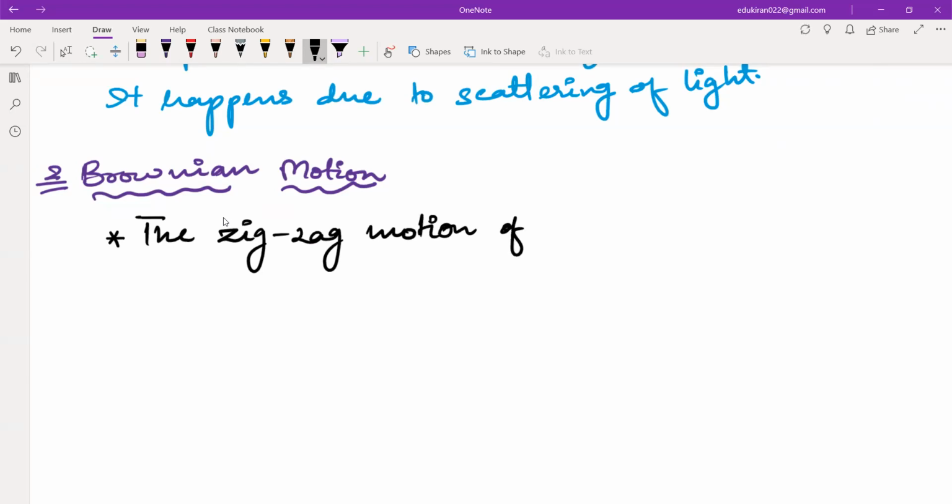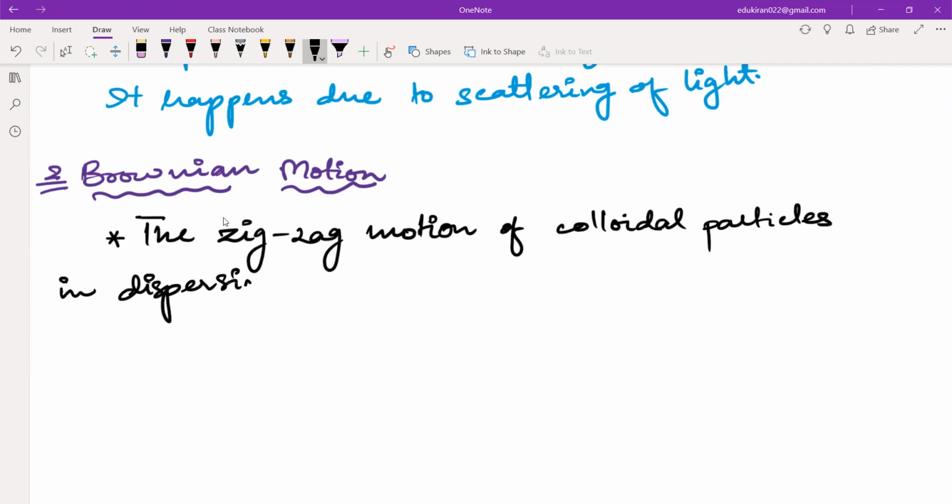The zigzag motion of colloidal particles in dispersion medium is called Brownian motion.